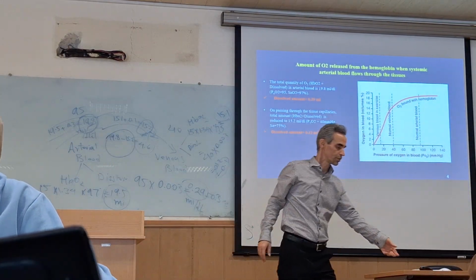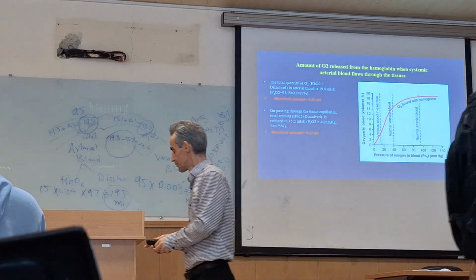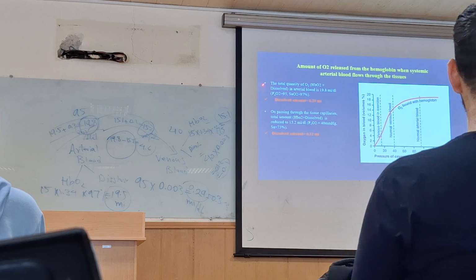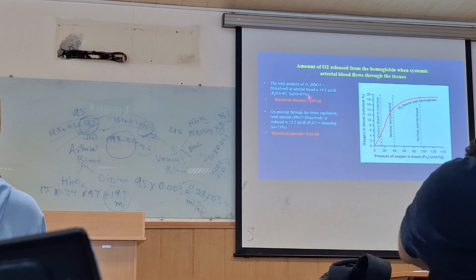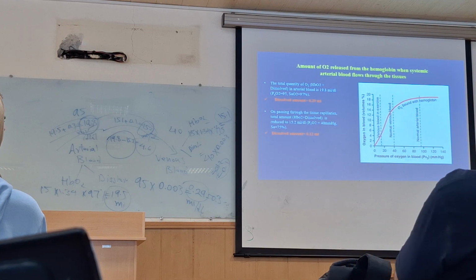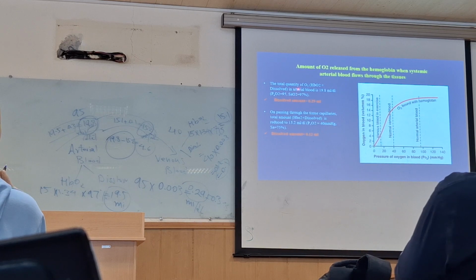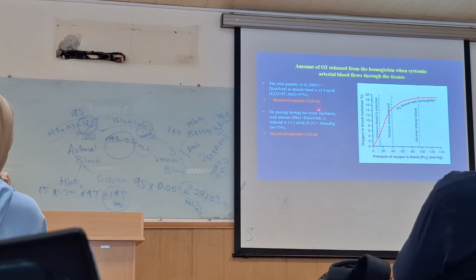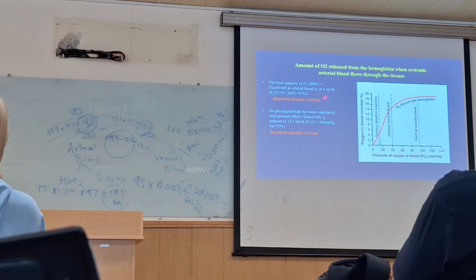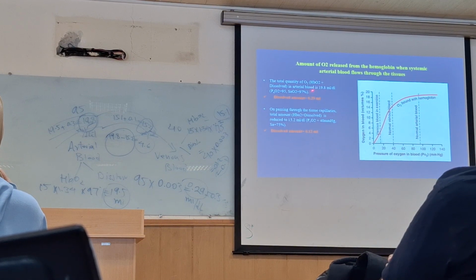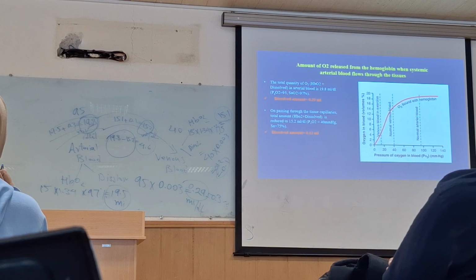So this is how we can see this calculation. The total amount of oxygen in each deciliter of arterial blood, in both forms, oxyhemoglobin and dissolved, is about 19.8. From this 19.8, the 0.29 milliliter relates to the dissolved part.